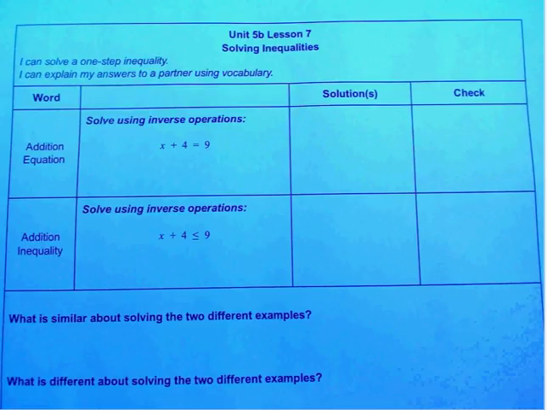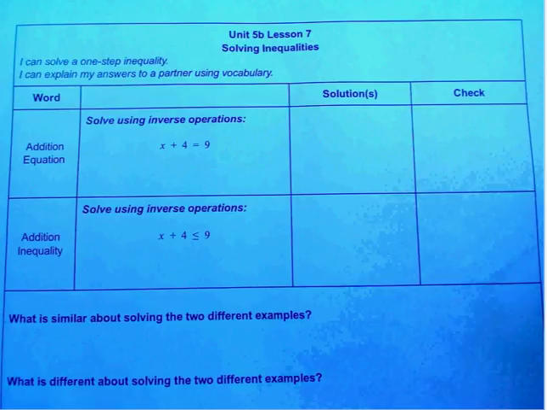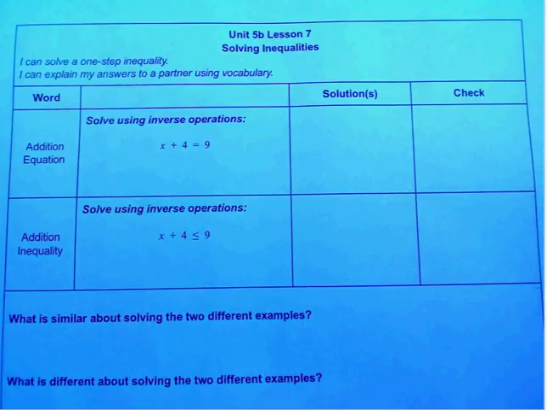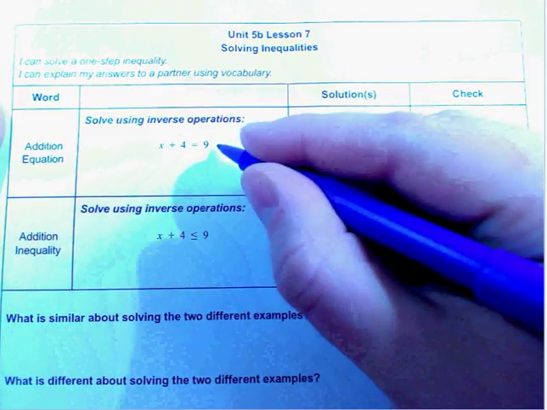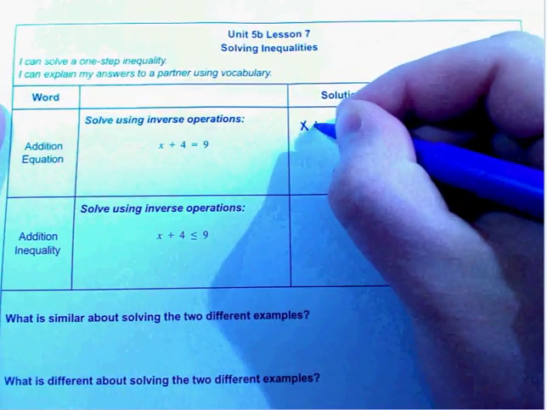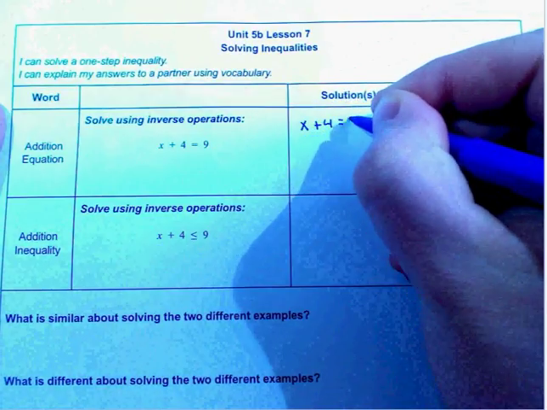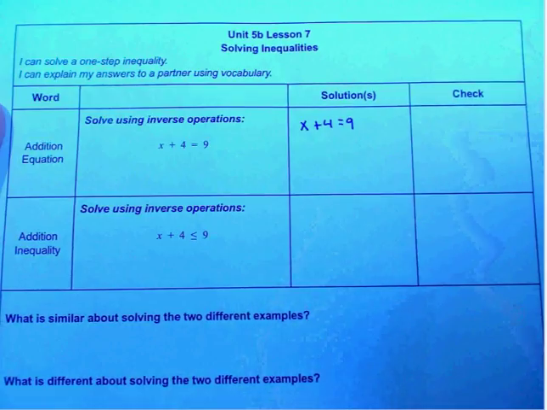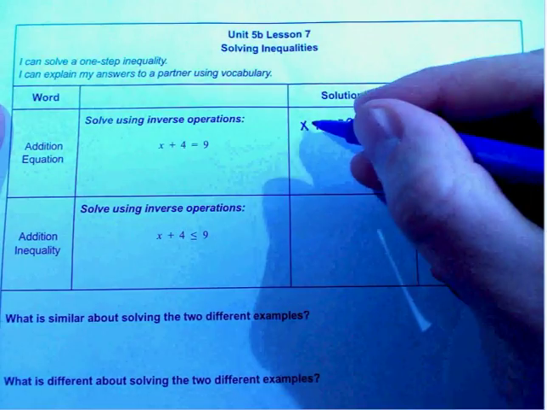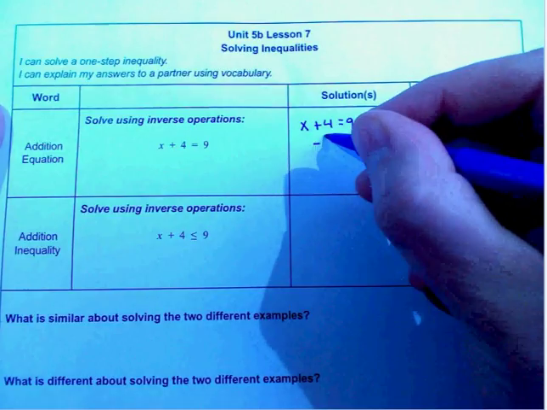So the very first thing is what we worked on last unit, which is addition equations. If I have an equation of x plus 4 equals 9, I'm going to use the inverse operation of addition, which is subtraction.